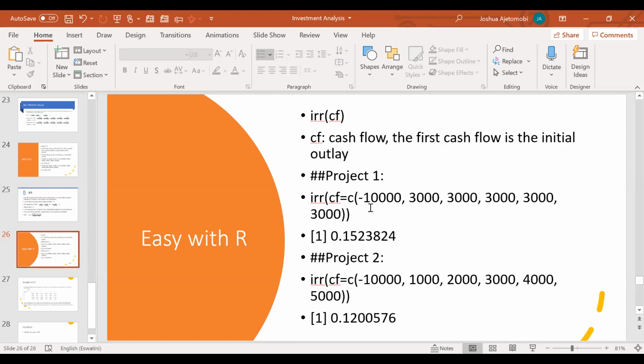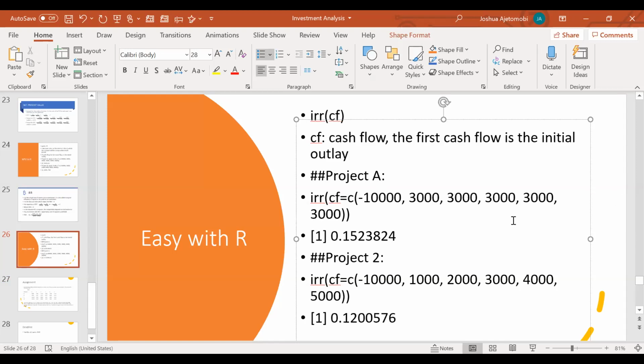Nothing has changed. In this case, since you want to calculate the interest rates, there is no interest rate you are using. It's going to calculate the interest rate for you. So here we have the first project, which is project A. Let me change this to project A. For project A, we have the IRRs.